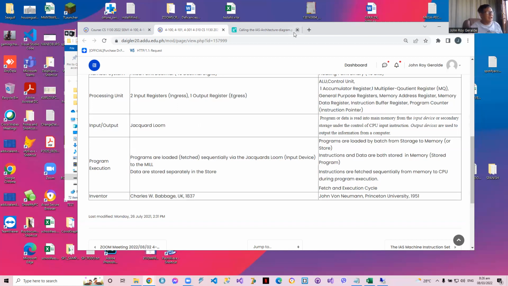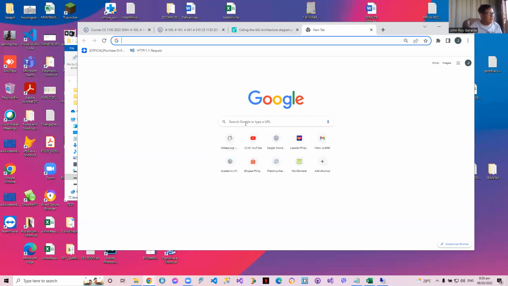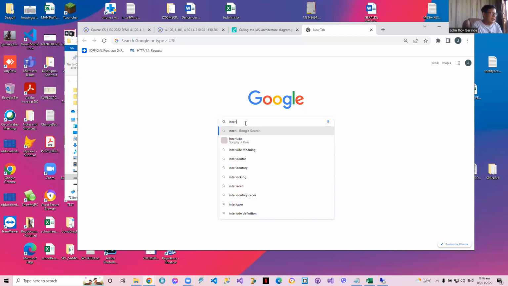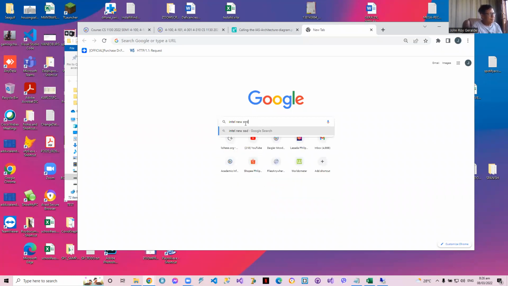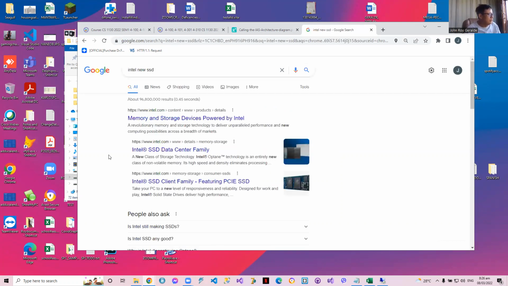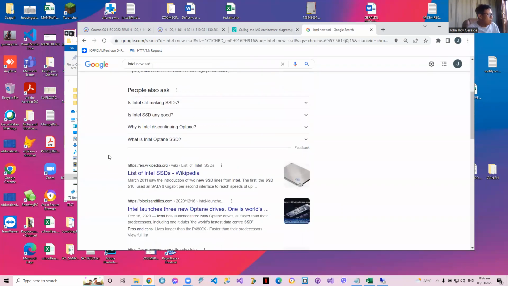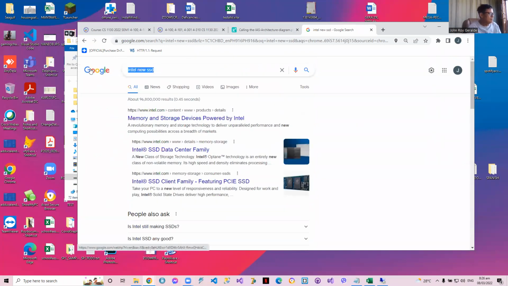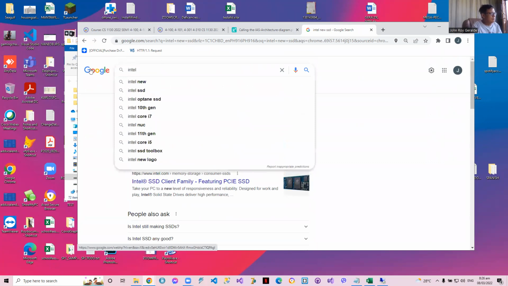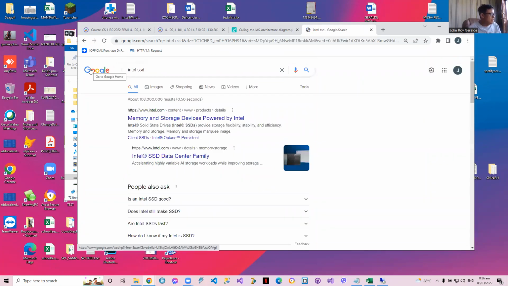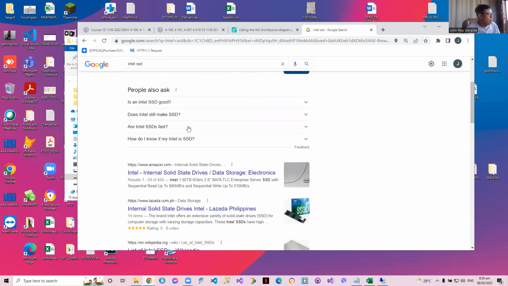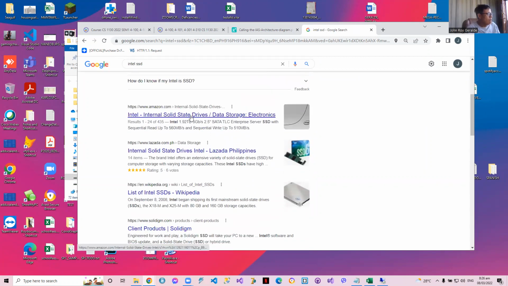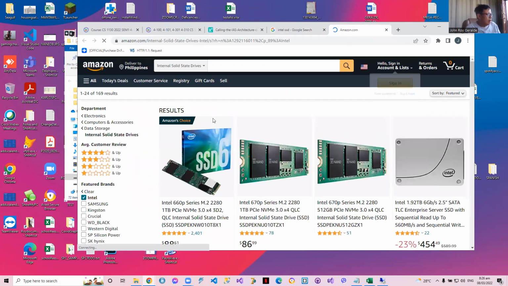And recently, Intel is designing a new SSD. I don't know what it's called. Nalimutan ko ang tawag.